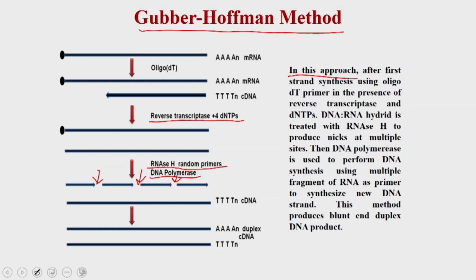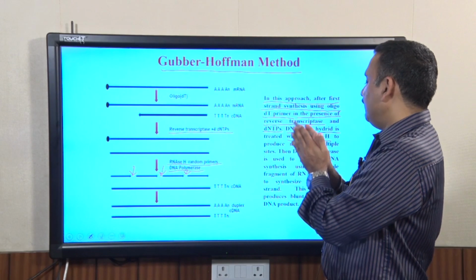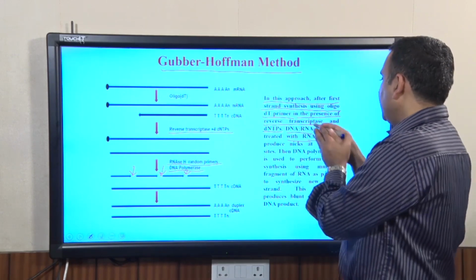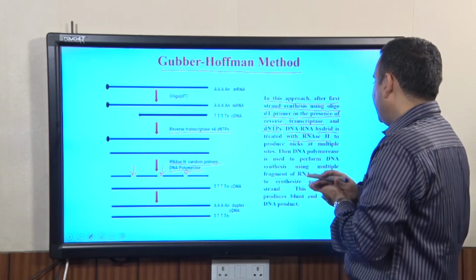In this approach, after first strand synthesis using the oligo-dT primers in the presence of reverse transcriptase and dNTPs, the DNA-RNA hybrid is treated with RNase H. RNase H is a very specific RNase which detects and degrades the RNA when it is present along with the DNA.